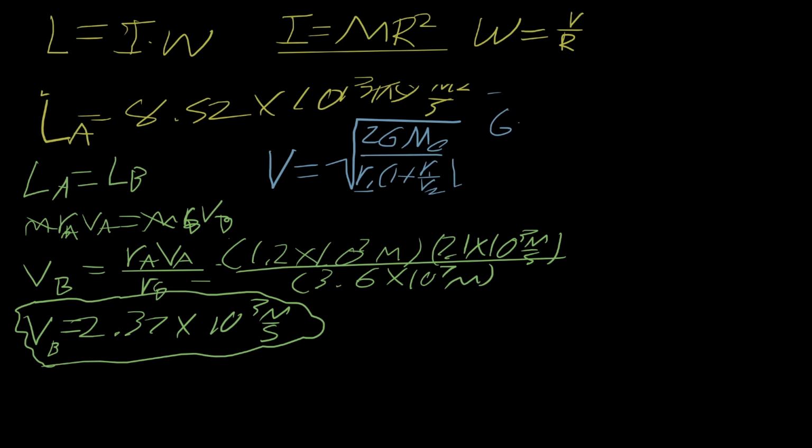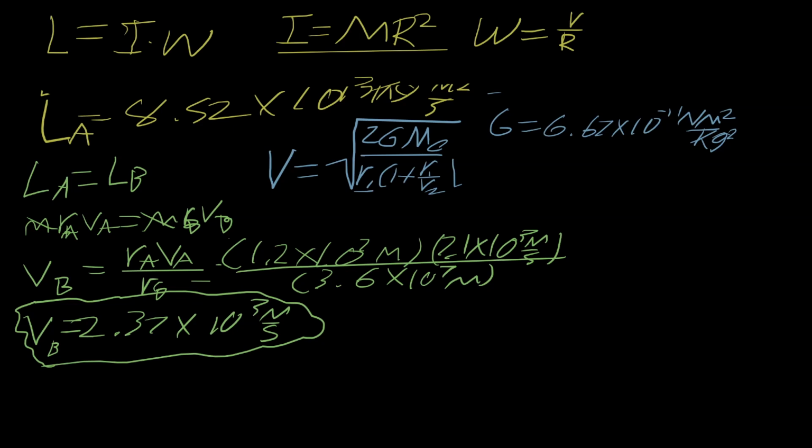Note that the gravitational constant is equal to 6.67 times 10 to the negative 11th newton meters squared over kilograms squared. And that should check out for this section.